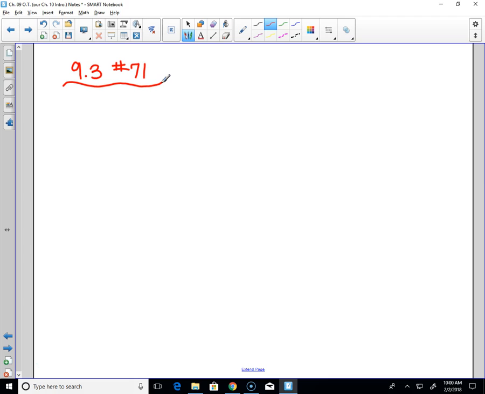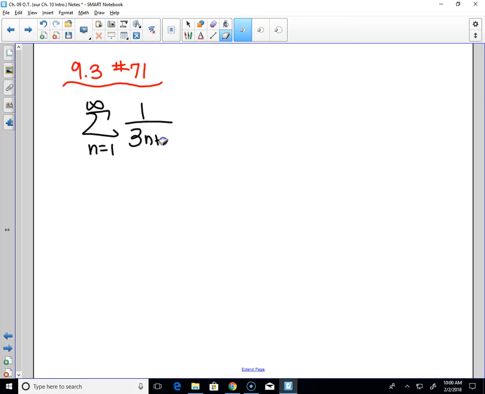But anyway, number 71. It just says determine the convergence or divergence. P.S. You have to get this in your homework because it's not on the handout online. So here's 71. Directions are determine the convergence or divergence of the following. The problem is the sum from n equals 1 to infinity of 1 over 3n minus 2.